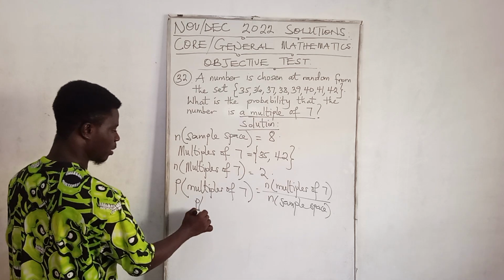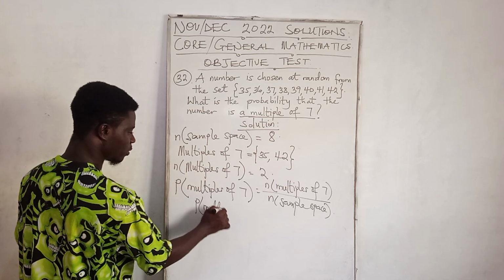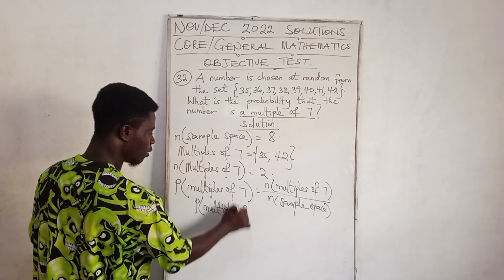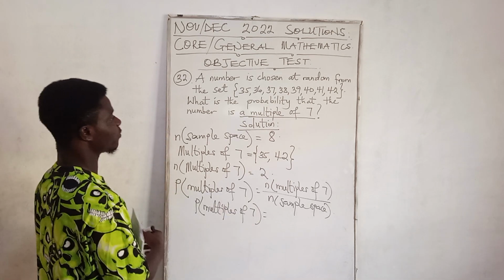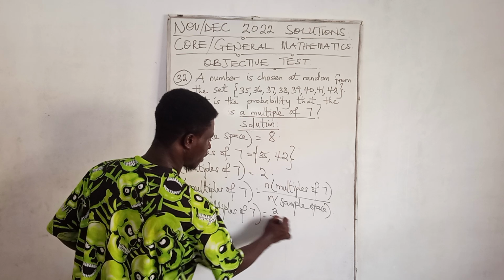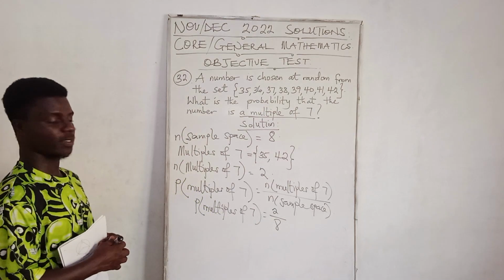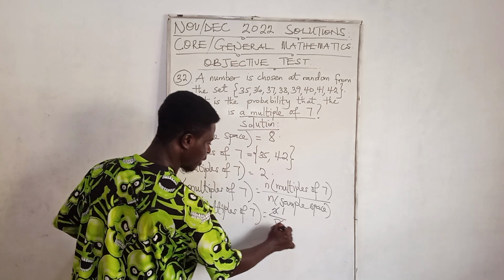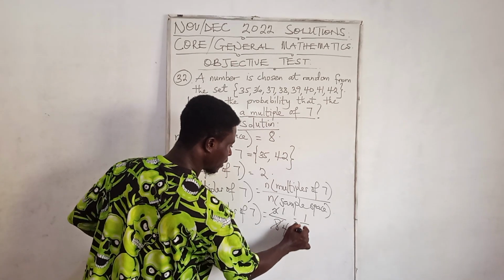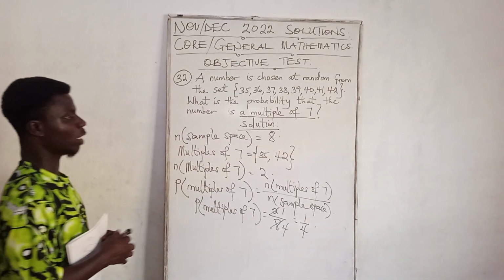So that is 2 divided by our sample space, which is 8. We can reduce this: 2 into itself is 1, then 2 into 8 is 4. So we get 1/4.